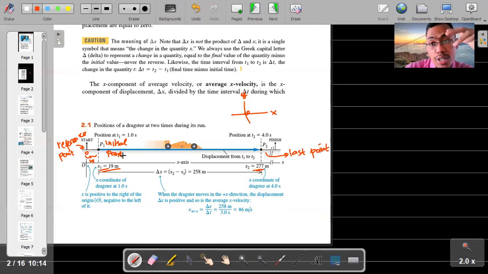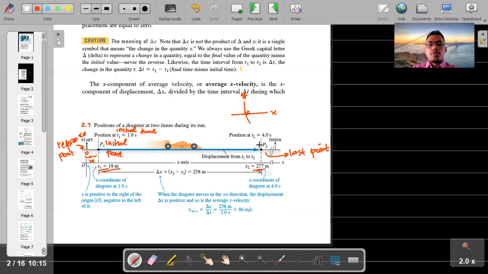Imagine what's going on inside this example. At this point, it's still 0 seconds, but when the car moves and reaches point P1, the time is 1 second, which is t1, the initial time.